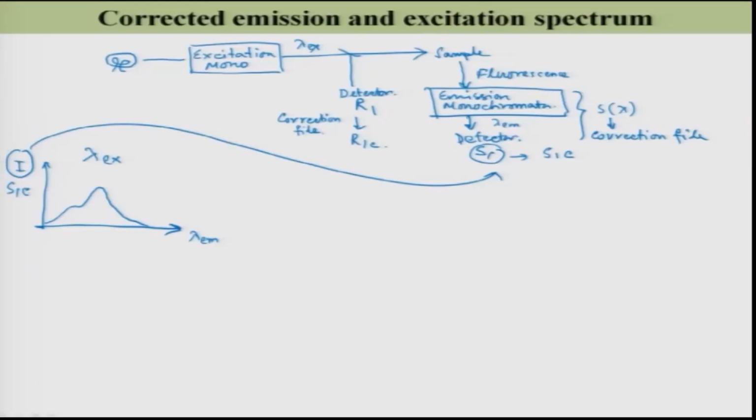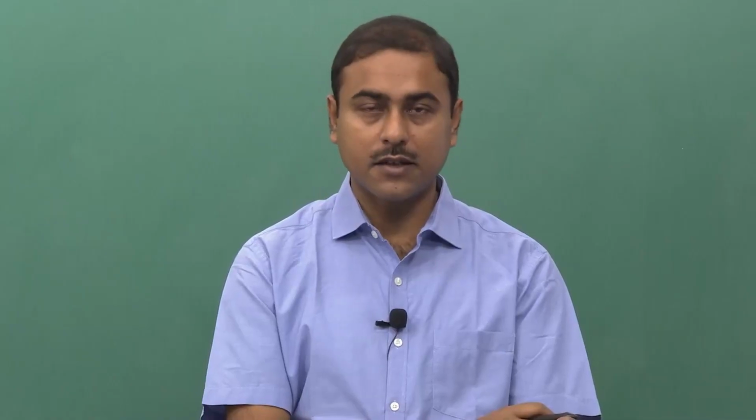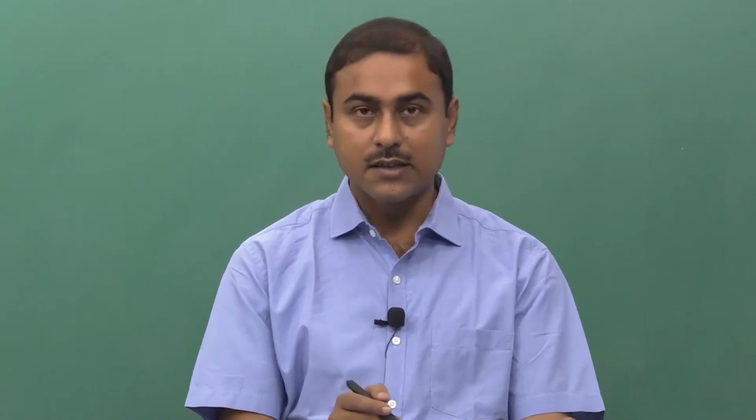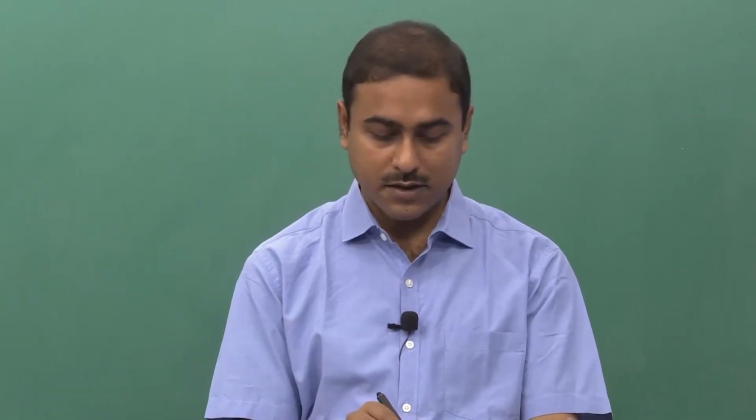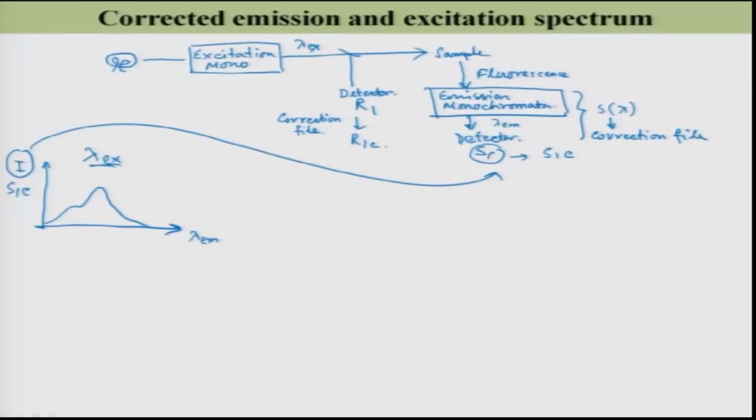And now, the fluorescence intensity depends on the excitation light intensity as well as the concentration. If concentration remains the same, then it depends only on the excitation light intensity. So, I have to normalize with excitation light intensity, because in this case the excitation light is fixed, it is only a particular wavelength, lambda excitation. So, whatever signal I get in the R1 detector, I do not need to correct it, because it is an absolute value.